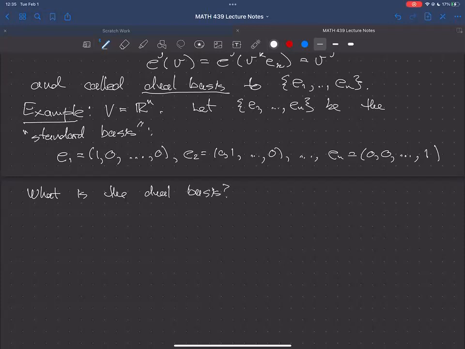Well, first, because we have a very simple vector space here, R^n, we're going to represent linear mappings from R^n into R, i.e. elements of R^n dual, in a very concrete way.